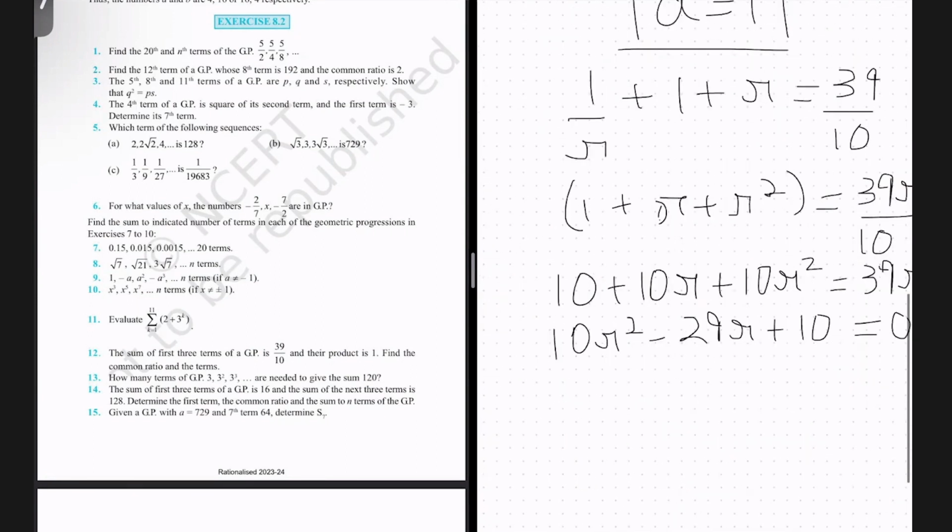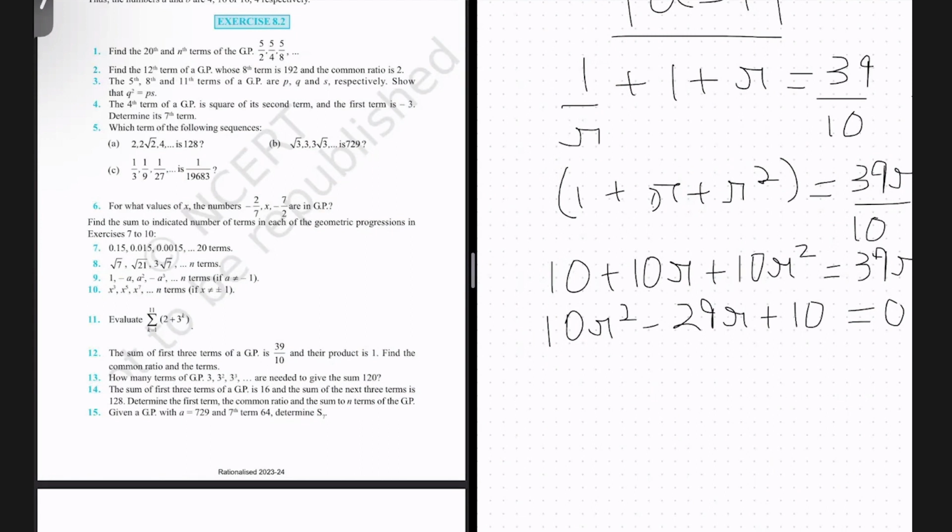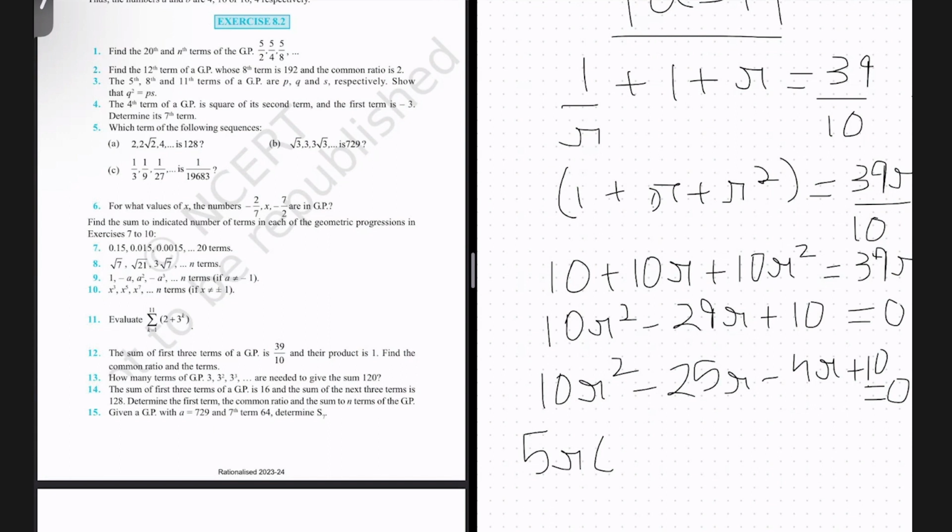Now, to find the roots of this equation, 100 can be expressed as 25 into 4. So let us split minus 29R into minus 25R and minus 4R. What you obtain is 10R square minus 25R minus 4R plus 10 equals 0. Taking out 5R common, you have 5R and what is left is 2R minus 5.